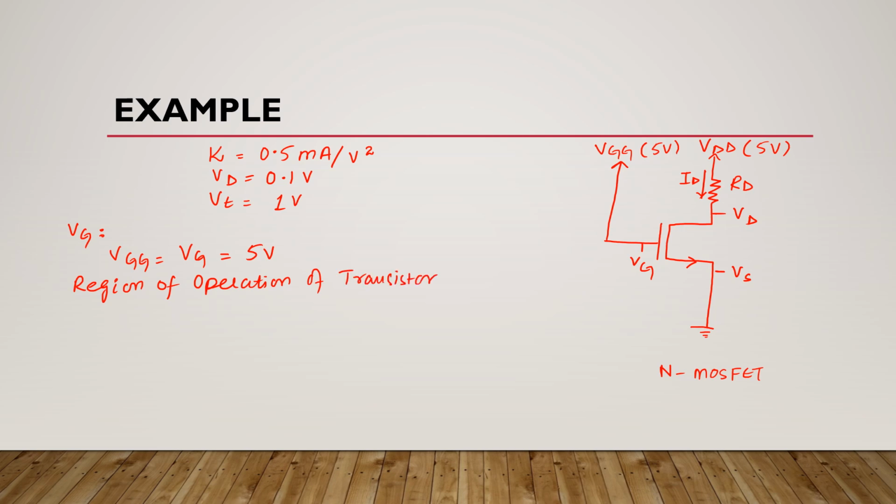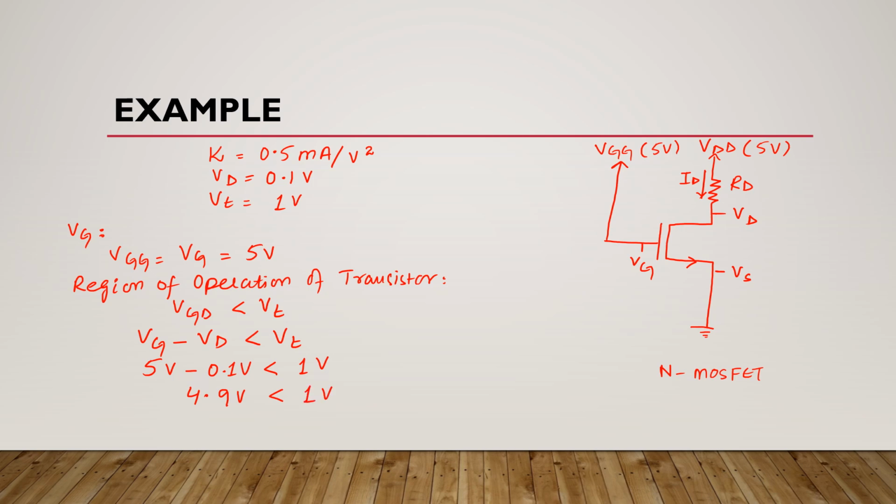We know that in the saturation region, the gate to drain voltage is less than the threshold voltage. This gate to drain voltage can be written as gate voltage minus drain voltage, and it is less than the threshold voltage. Here we know that the gate voltage is 5 volts, the drain voltage is 0.1 volts and the threshold voltage is 1 volt, and here we have 4.9 volts, which is not less than 1 volt.